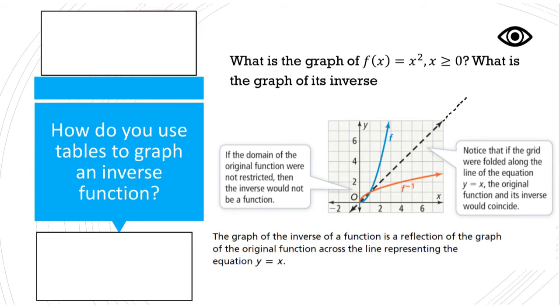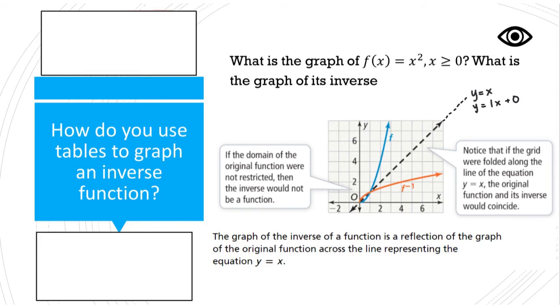This dotted line is the line y equals x. Now, this is a weird line to graph all the time, but it's actually 1x plus 0. So it has a y-intercept of 0 and a slope of 1. This is the line we are reflecting our graphs across when we're finding the inverse.